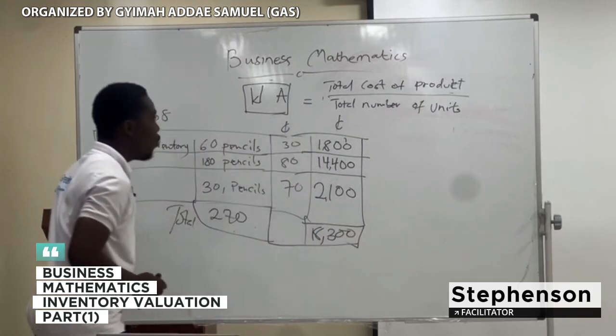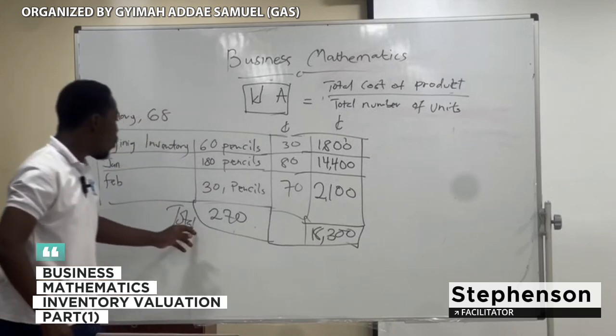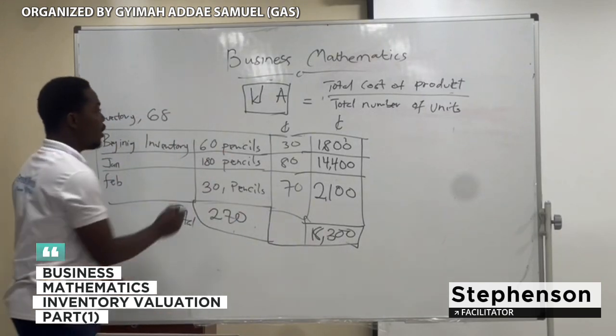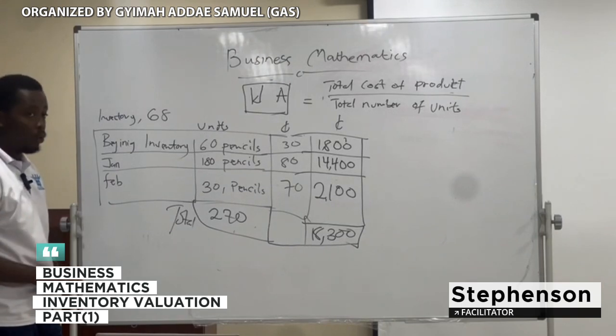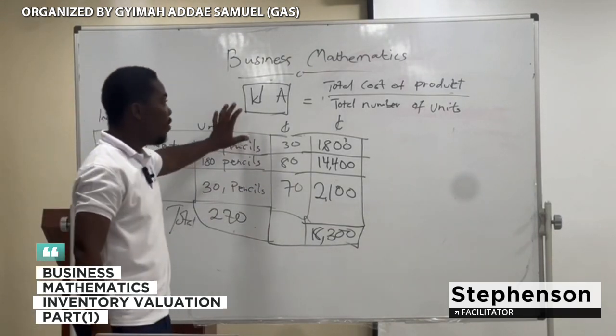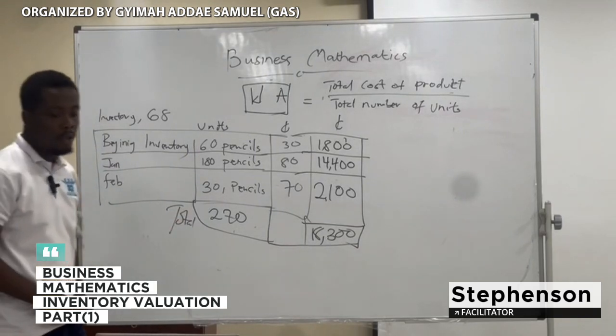What then is our formula? Total cost of our product over our total units. All right. So note, it will always be given in a table form like this, and you have to know what you are supposed to do.